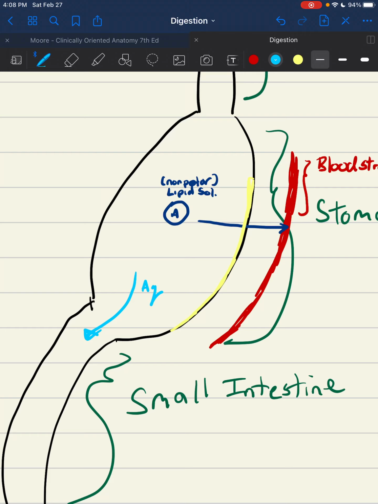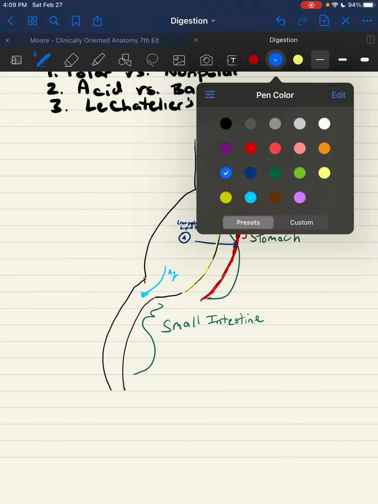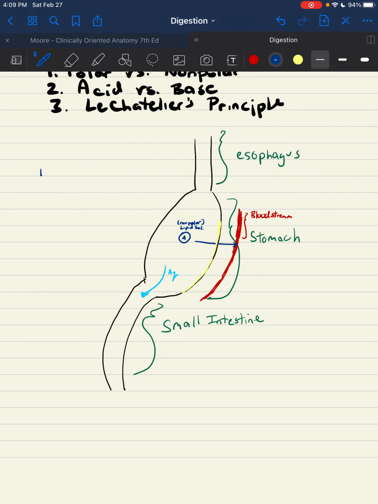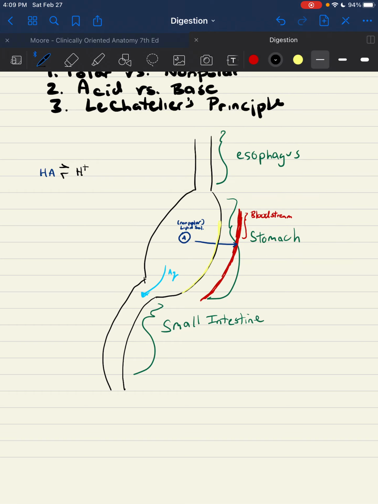So, in order to understand this, salicylic acid, also known as aspirin, has two forms. It's got its lipid soluble form, which I'm going to write as HA, and it can dissociate into, just like any other acid, it can give up its proton, and it could also release its conjugate base.